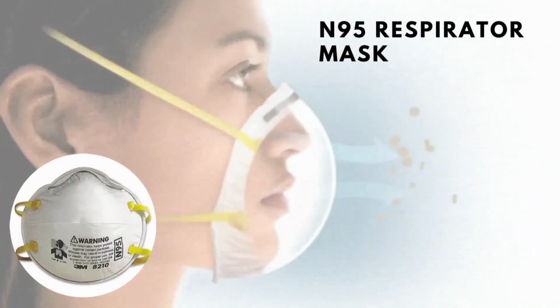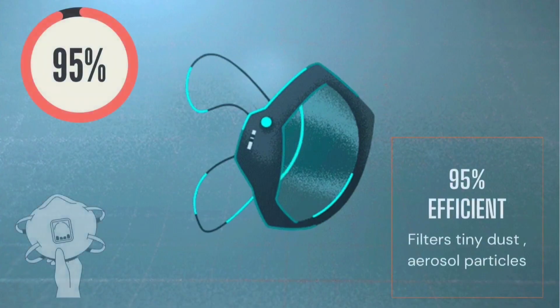Today's video is about the N95 respirator mask from personal protective equipment. What is an N95 respirator? An N95 respirator is a disposable mask that covers the nose and mouth, which protects the user from breathing hazardous substances. It acts as an air purifying respirator certified by the National Institute for Occupational Safety and Health.